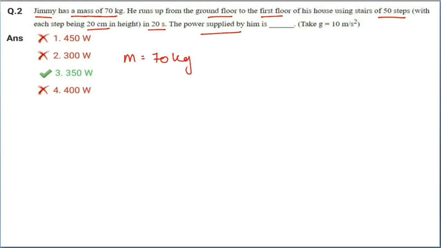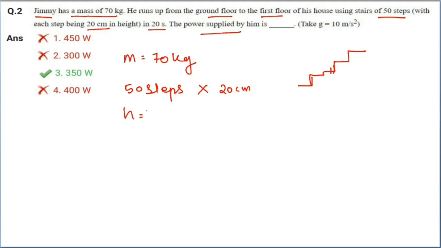So what is given here? Mass is equal to 70 kg is given. He is running from ground floor to first floor. How many steps? 50 steps are there, and each step is 20 centimeter. So each step is 20 centimeter, like this 50 steps.